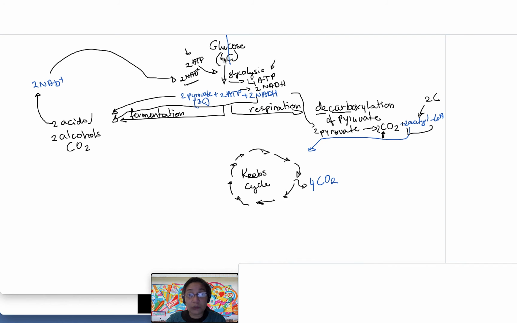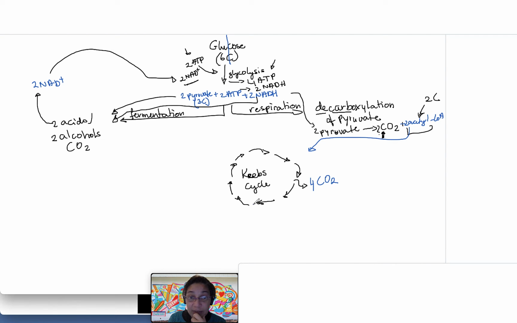So we started out with 6 carbons in glucose. 2 of them here were removed in the form of carbon dioxide, and the other 4 are removed in the form of carbon dioxide in the Krebs cycle. So by the time we're done, we have completely oxidized glucose. All those 6 carbons that we started out with have been removed in the form of carbon dioxide. All of them are gone. Okay?